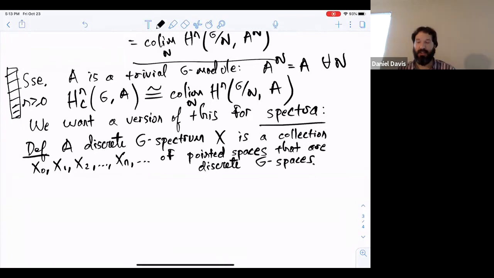So they are pointed spaces, they have an action by G, you give them the discrete topology, and then the action map is continuous in that case.